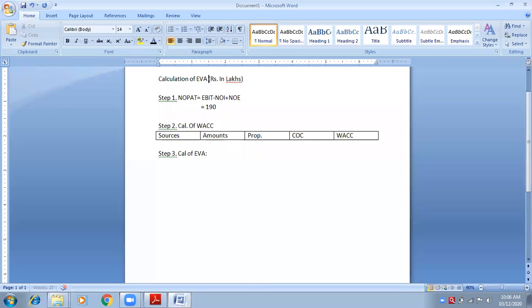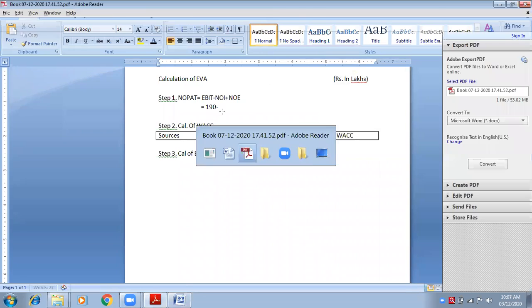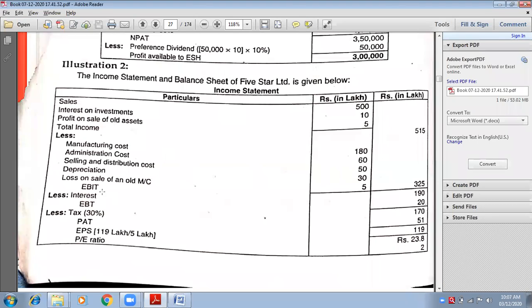If you don't write this rupees in lakhs, then 5 marks will be deducted. Right now you are not going to get practical questions, but I'm telling you because rupees in lakhs is very, very important. EBIT is 190 in the question. Can you see here? EBIT is 190 in the outer column.